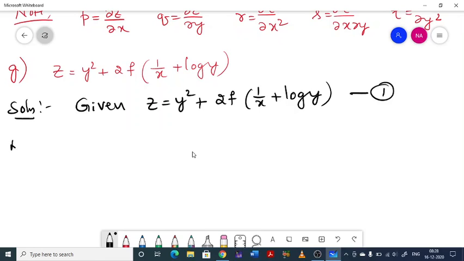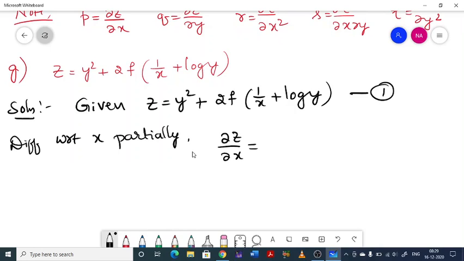Differentiating with respect to x partially, I'll get dou z by dou x equal to 2y. We treat y as constant, so obviously y square will be constant. Differentiating that, I'll get 0 plus 2 times the derivative of f.